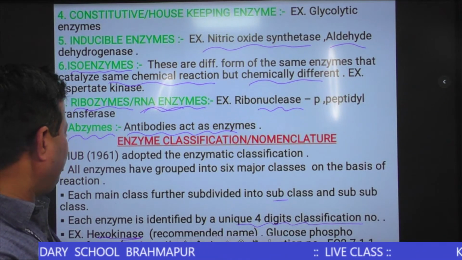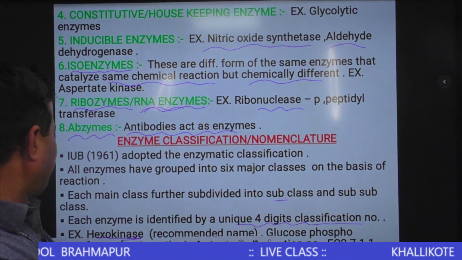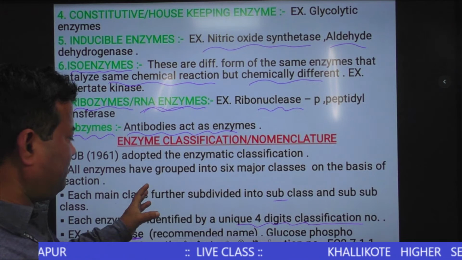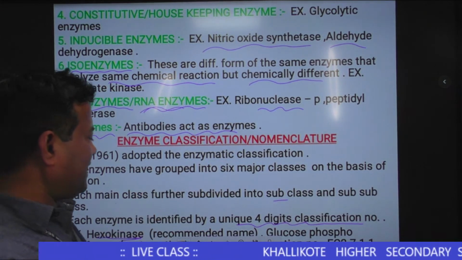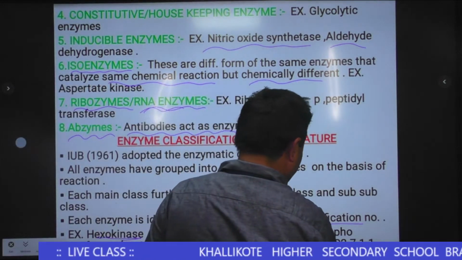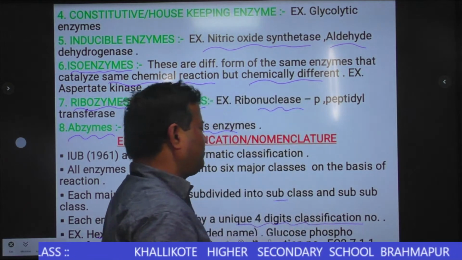The systematic name of hexokinase enzyme can be identified by a classification number, that is EC 2.7.1.1.